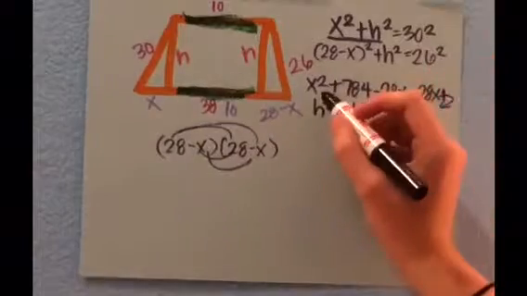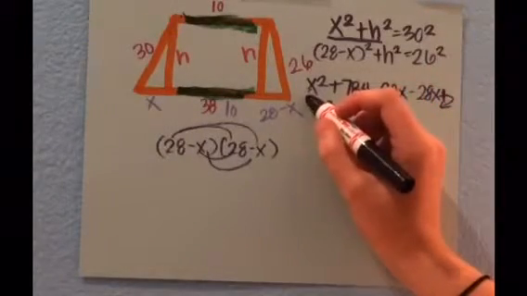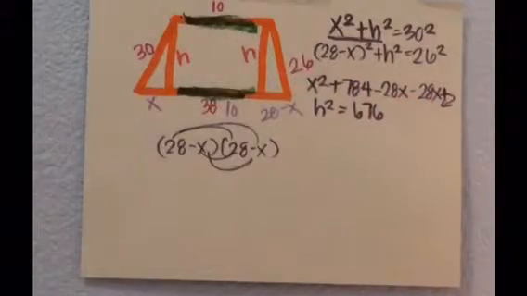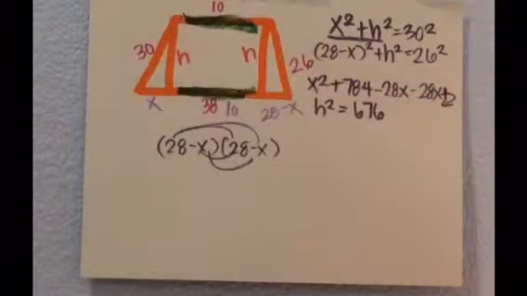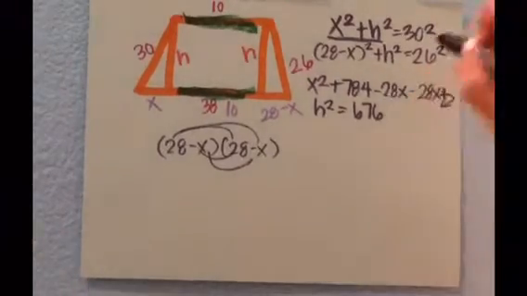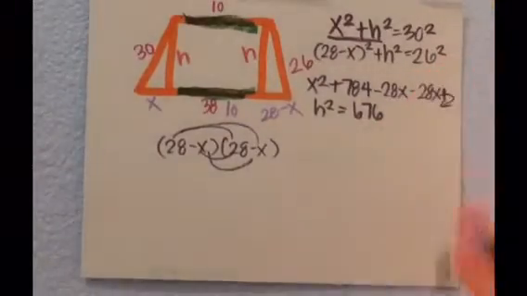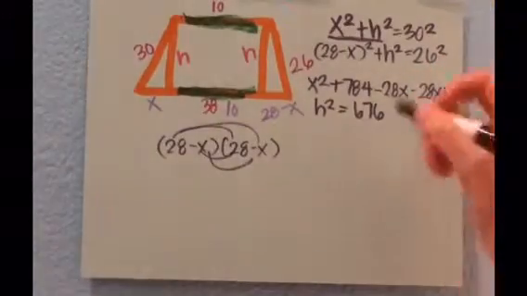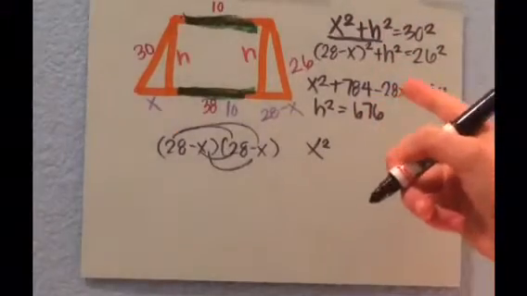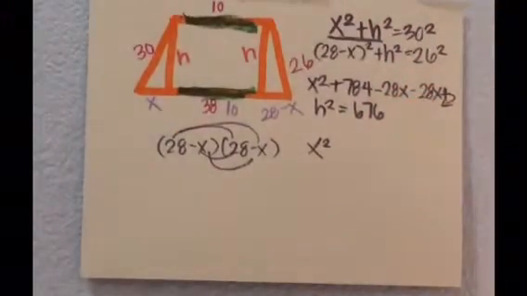So to get h squared plus x squared by itself, we have to subtract over 784, and we have to add over negative 56x also. So then, if we add the negative 28x plus negative 28x, we get negative 56x.